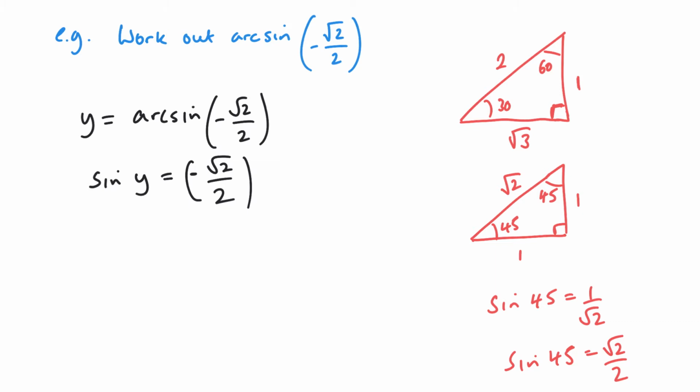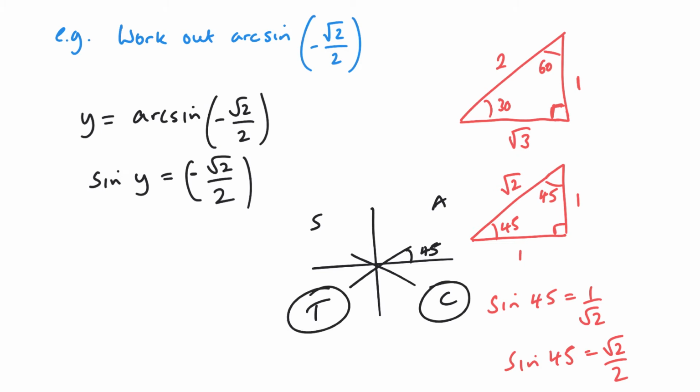Now, I've already worked out down the bottom that sine 45 degrees is root 2 over 2. So if you think of your CAST rule, here's my 45. Now, sine is going to be negative in these two sections.